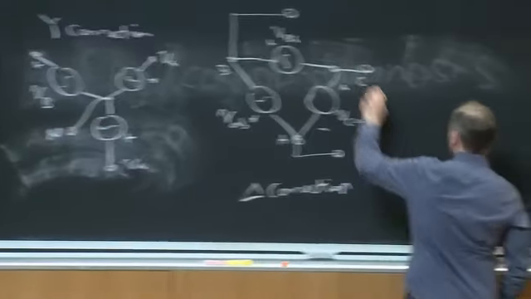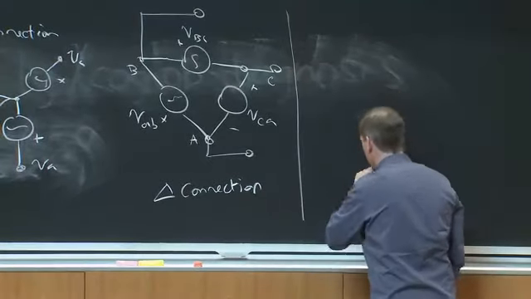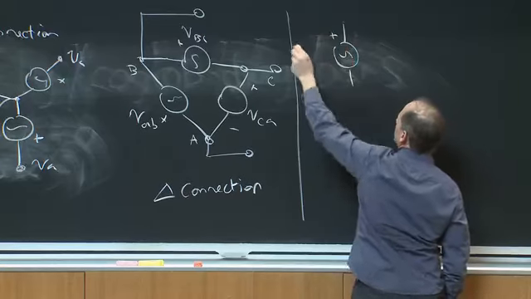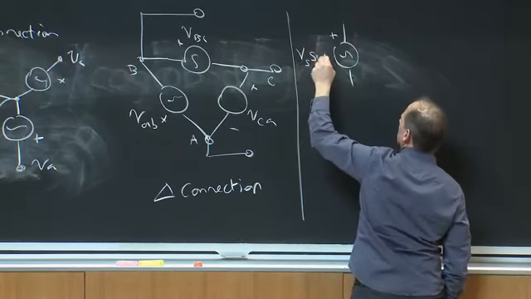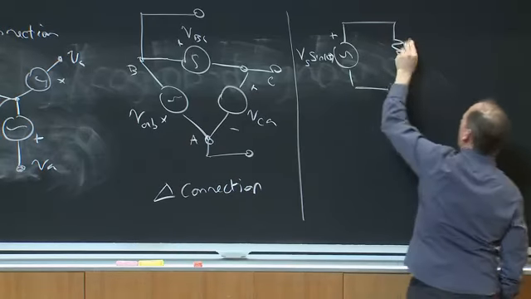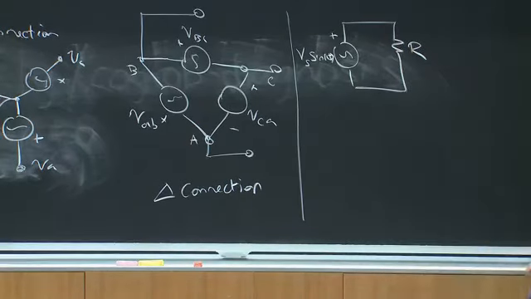If I just came up and gave you a single phase, Vs sine omega t, and I hook it to a load, R, what is the power that I transfer?